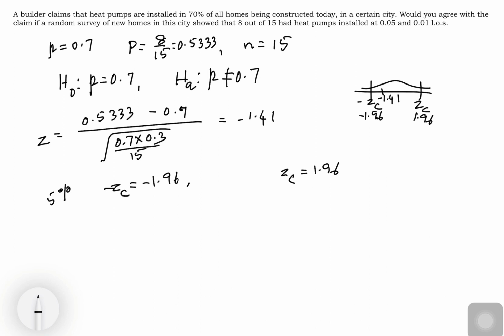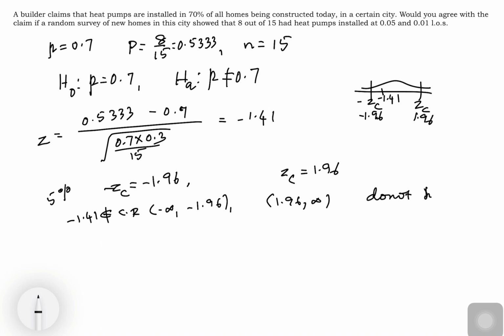So the critical region is minus infinity to minus 1.96 and 1.96 to infinity. So certainly your minus 1.41 does not belong to the critical region. So that means we do not reject the hypothesis.